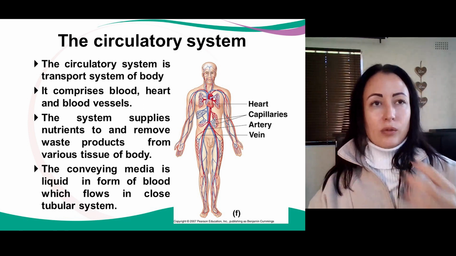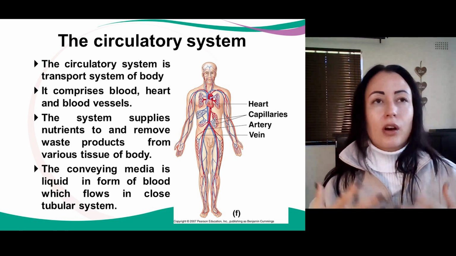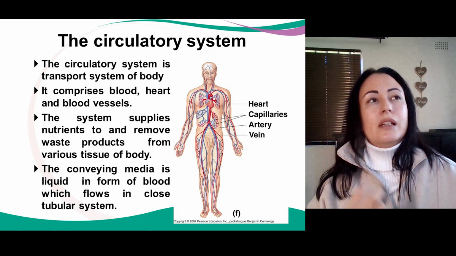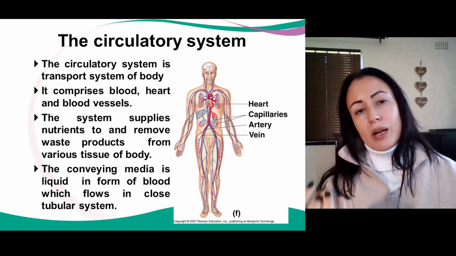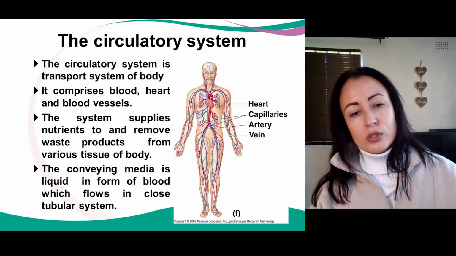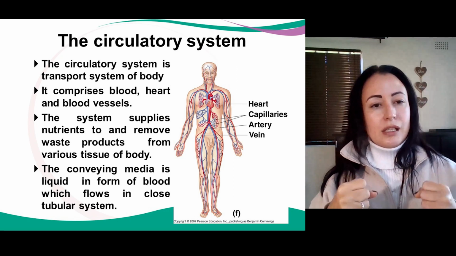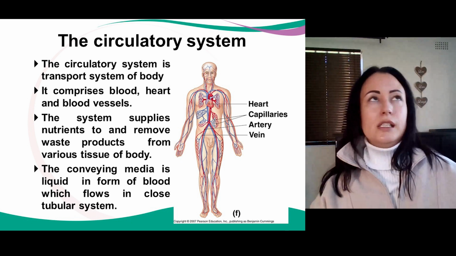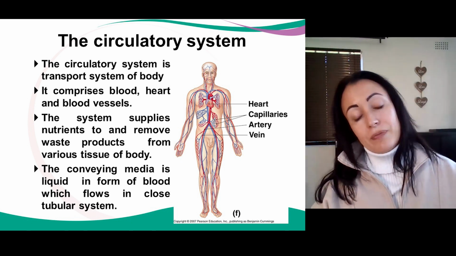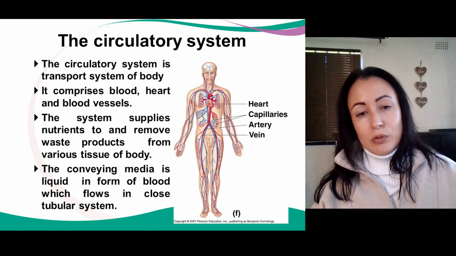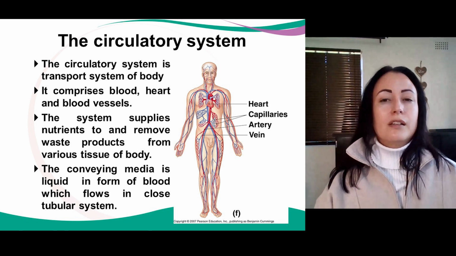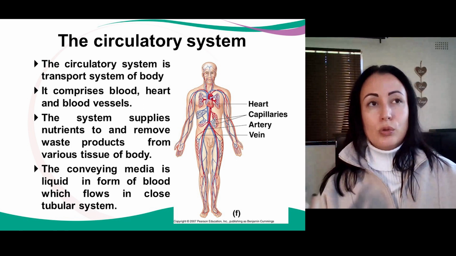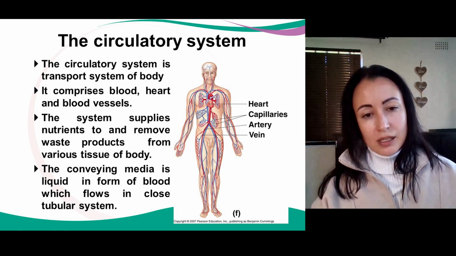And if you think back onto cellular respiration, we will remember that cellular respiration is about breaking down the glucose and it releases carbon dioxide. So that carbon dioxide that is released needs to be taken out of our body. And blood removes this carbon dioxide from the different places in your body and takes it to the lungs where we can actually breathe it out.